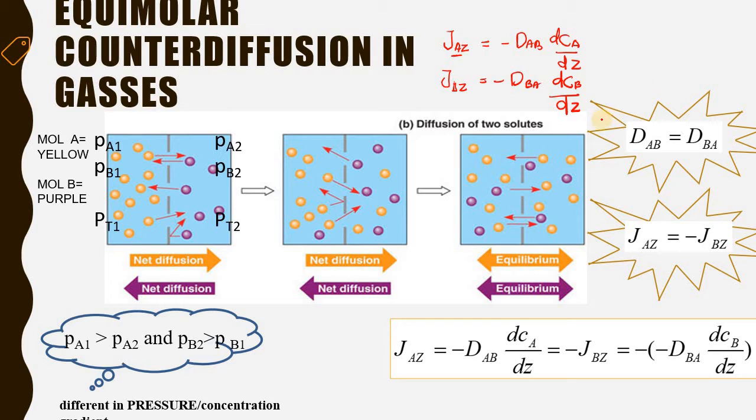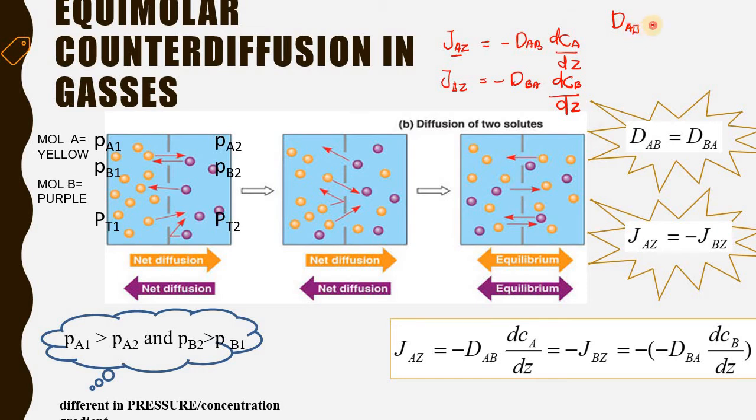Here we make it simple. If we have DAB and want to calculate DBA, you only need to change the sign.